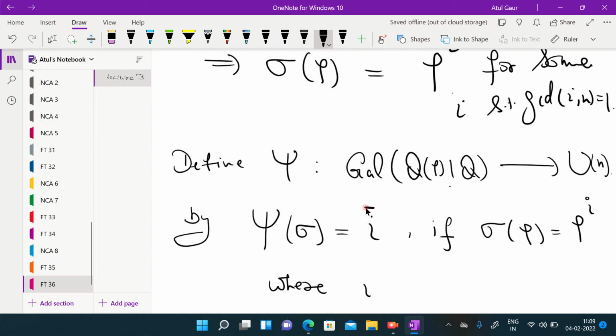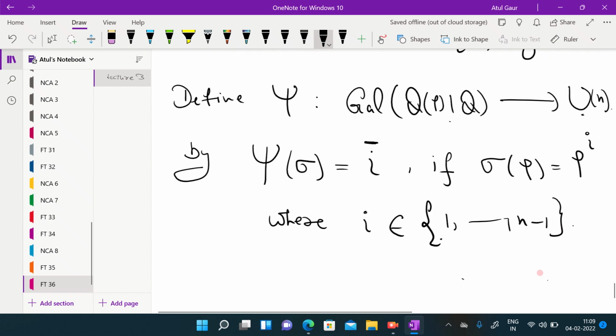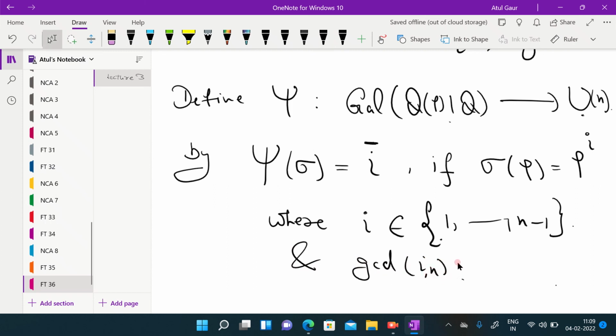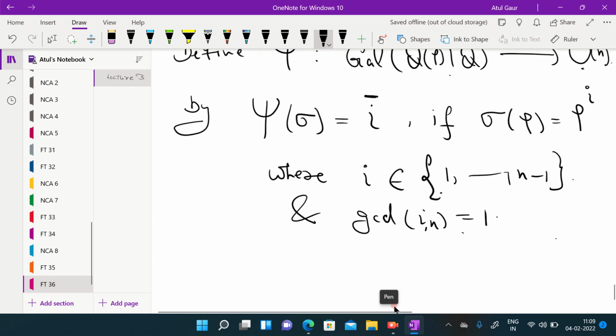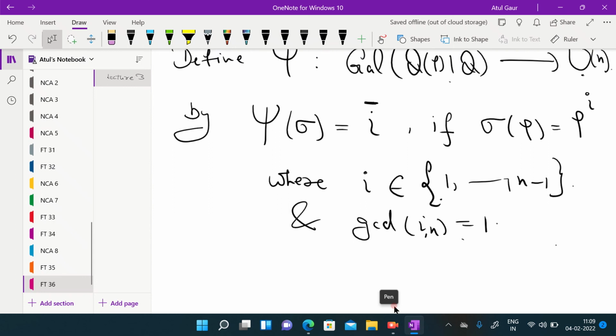If there is any confusion, because we are working modulo n, you can write it as i bar. What is my notation for i? Simplest notation means where i is in 1 to n minus 1, and is such that it is relatively prime to n. Is that fine? Any doubt? Okay.